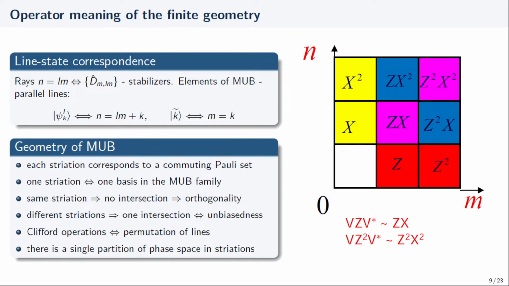The only different operator is the Fourier operator. What does the Fourier operator do? It transforms a horizontal line into a vertical line. All the other rays are related among themselves by a rotation operator. A rotation operator is a symplectic operator which has a simple algebraic form and a simple geometric interpretation. So this is real geometry.